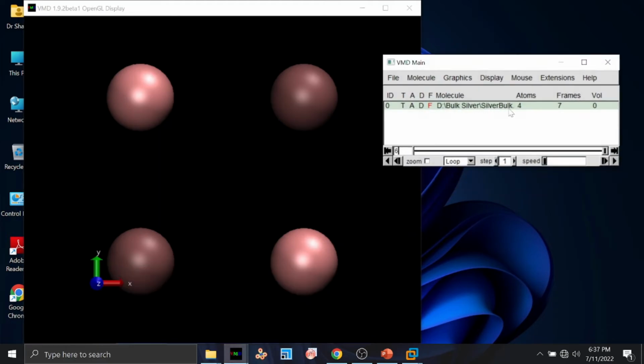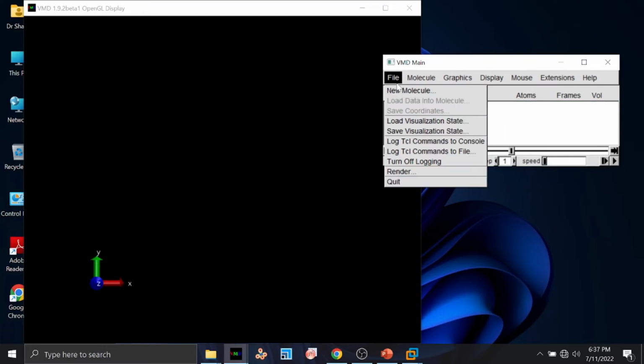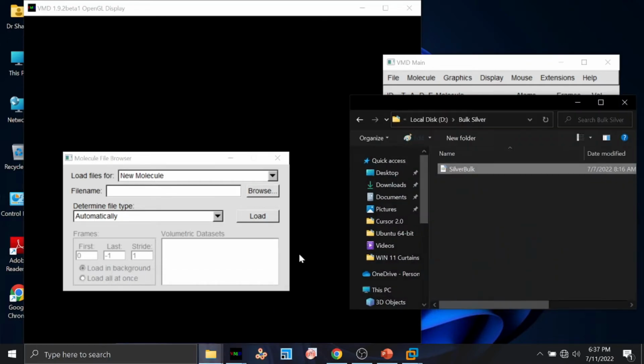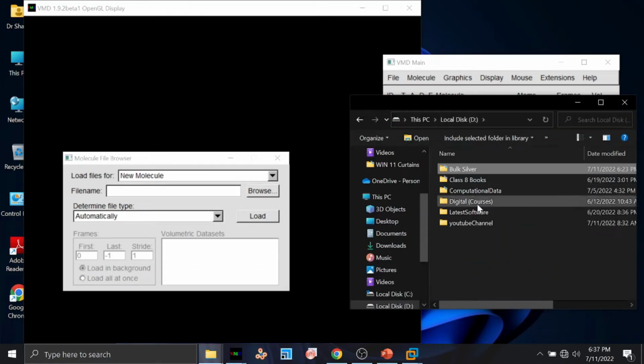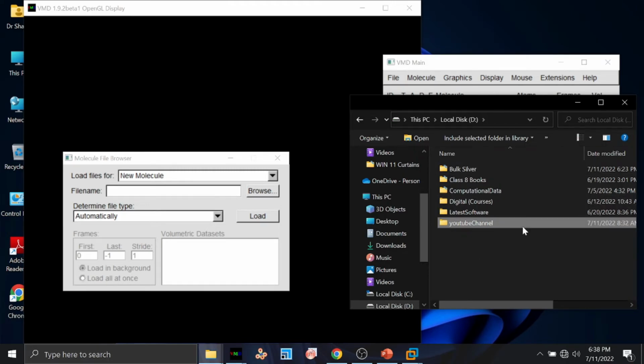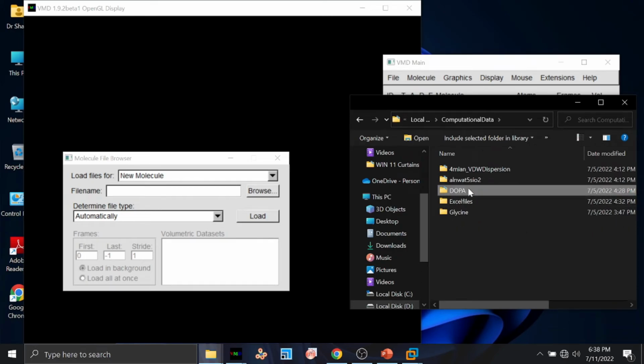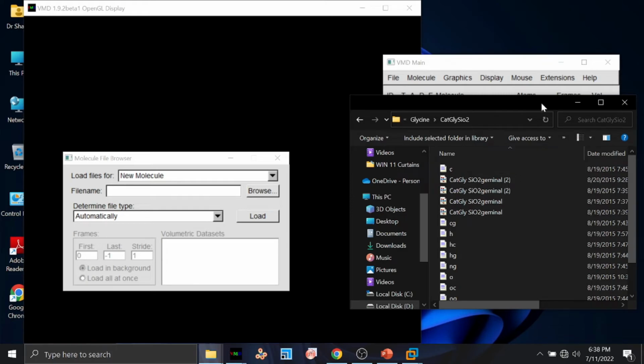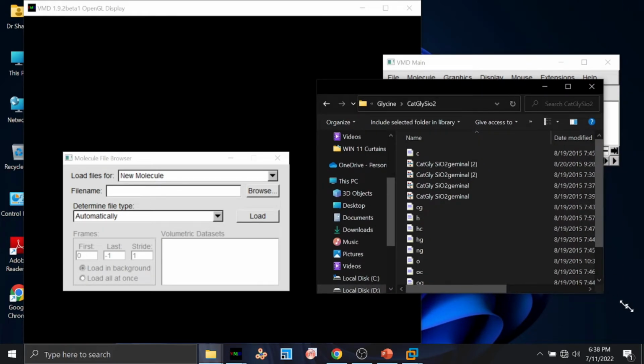Let me show you my own work so that you can see how long the geometry optimization can be. Let me check the ANI file.